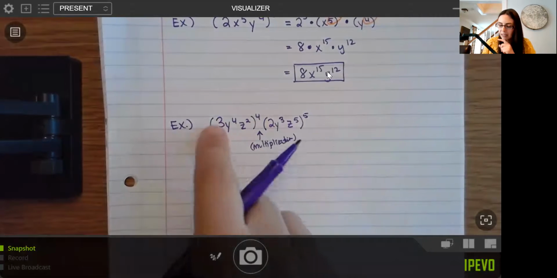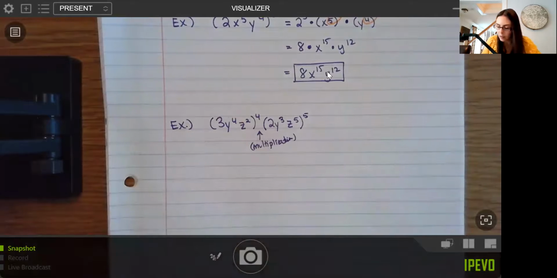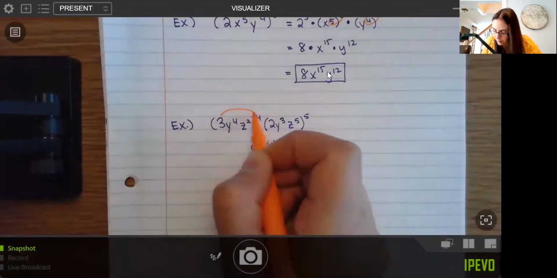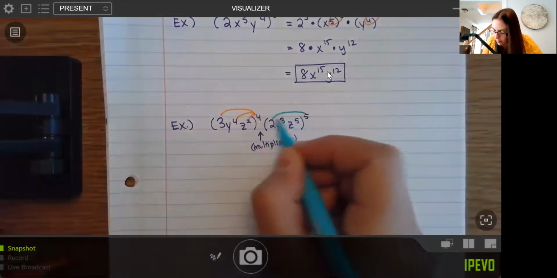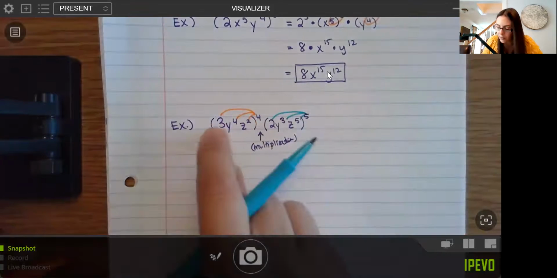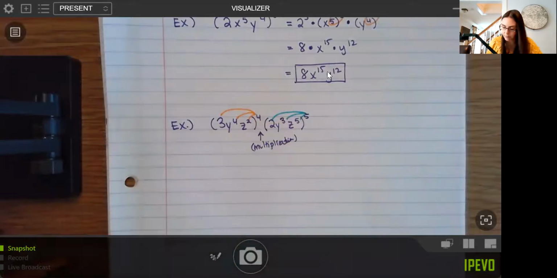Now I know there's something to do on the inside, but I can definitely distribute those exponents throughout. So I'm going to do this one first. And then over here, I'll do the 5. Now be careful, there's 3 bases in here, right? So make sure those exponents go to every single part.